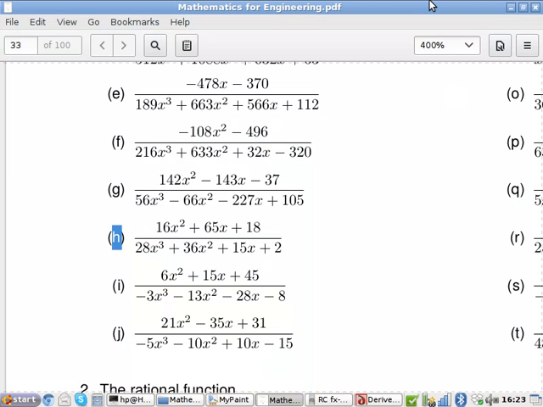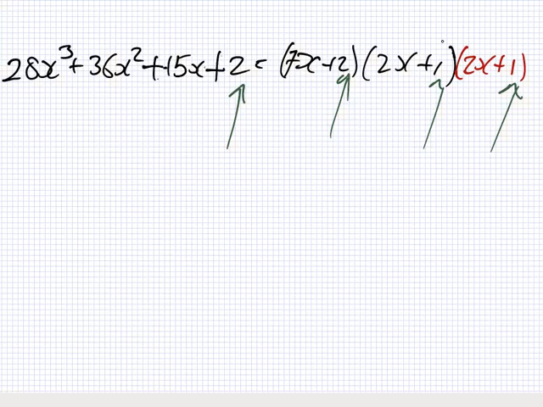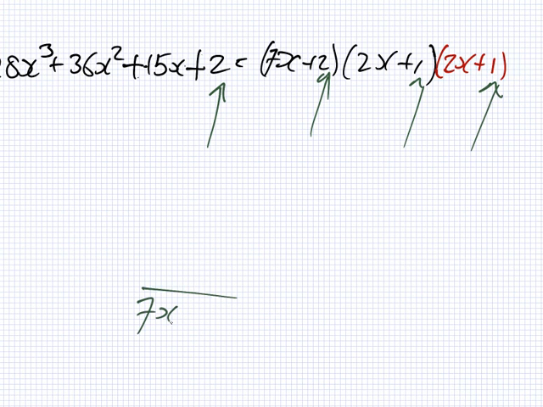So we can use the third method for this. No! What did I say? I said you can only use the third method when we have 2 or more linear denominators. But you have 3, because your denominators are 7x plus 2, 2x plus 1, and what's the third denominator?